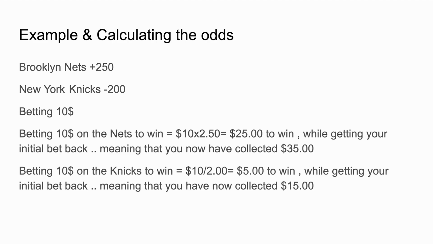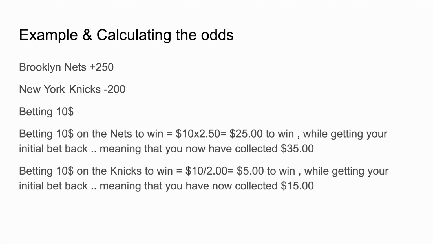In this example, we're just going to say we're betting $10. So if you were to bet $10 on the Nets to win, the way you would do the math to know how much you're going to win is you would put a decimal between the first and the second number of the odd that you see, in this case the plus 250.